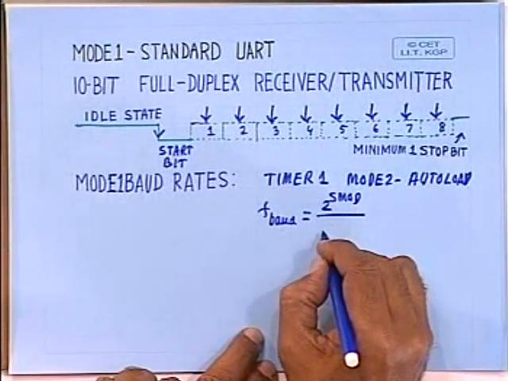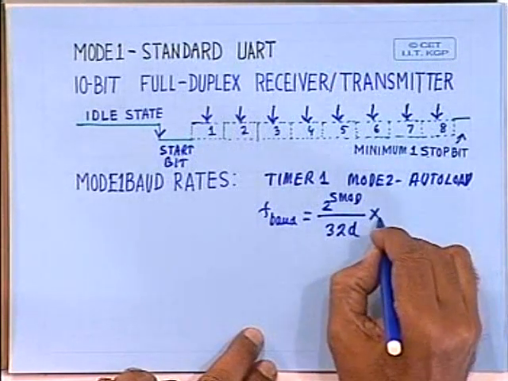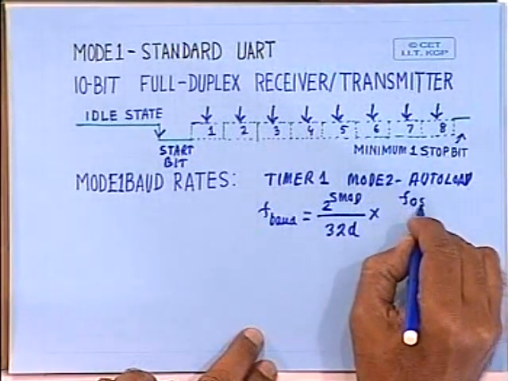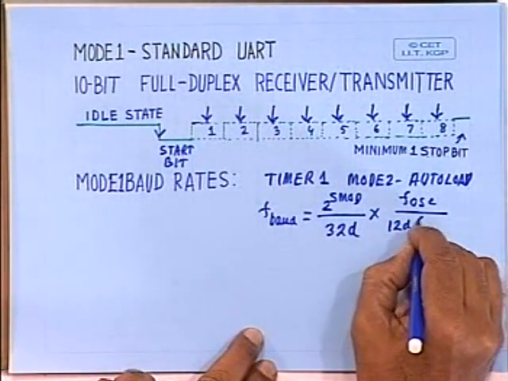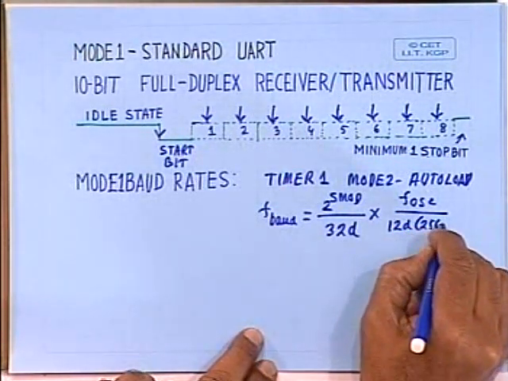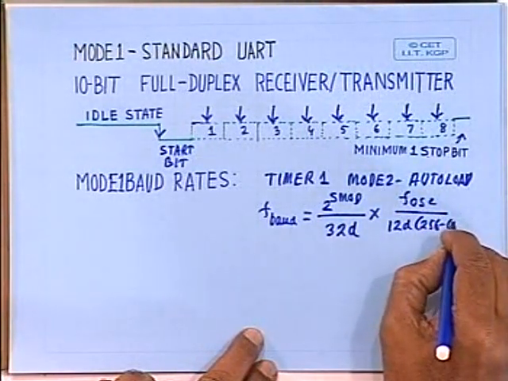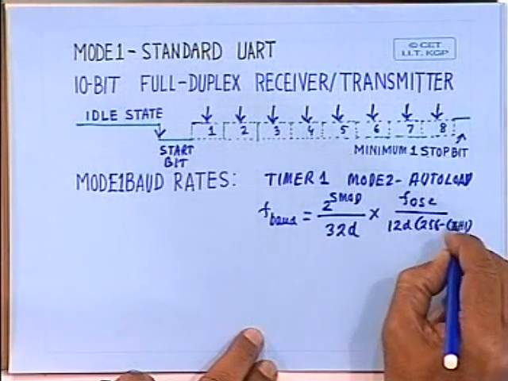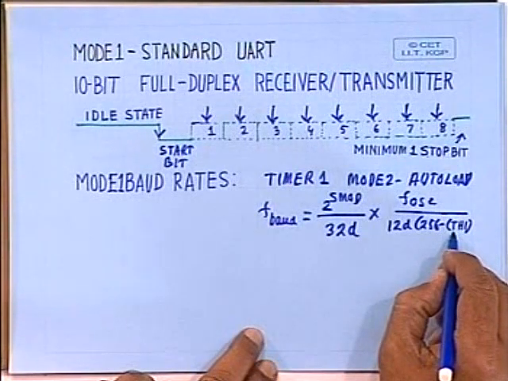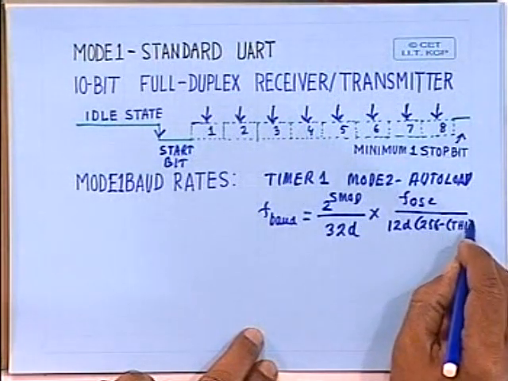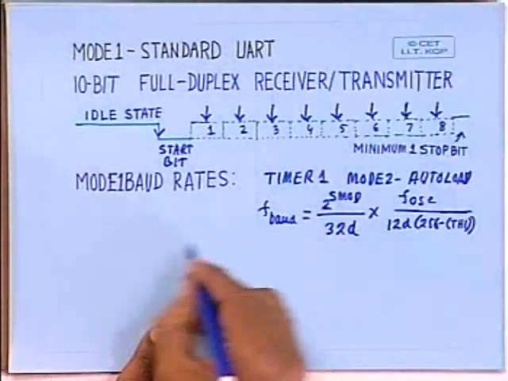And then we have got 32 in decimal, and this is multiplied by the frequency of oscillation by 12 into 256, since it is 8-bit in mode 2, minus that TH1, the higher order byte of the timer that you program, that will decide the baud rate. And you can find out the baud rate from this equation.